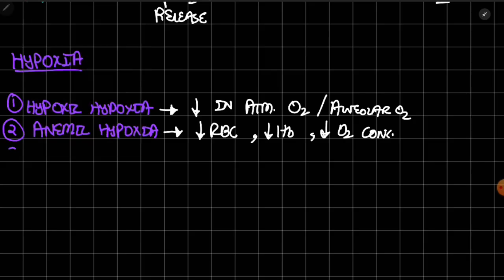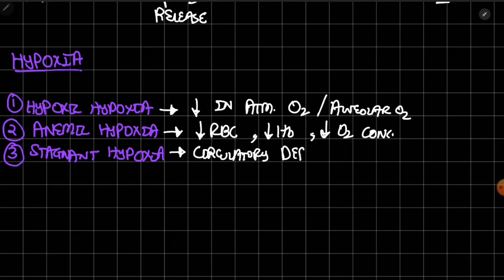The third is the stagnant hypoxia. Stagnant hypoxia is nothing but a circulatory defect. It may be a blockage, for example, in the lower limb, if the femoral artery is blocked, blood is not going there.